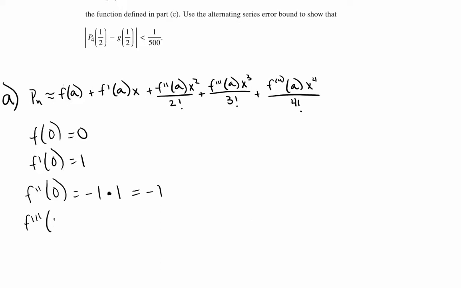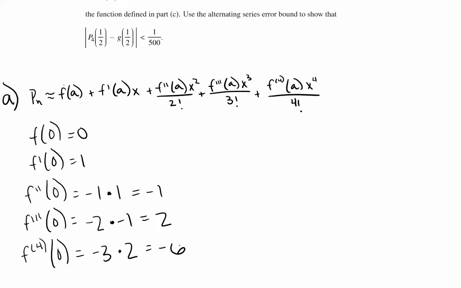F triple prime of 0 is going to be -2 times -1, which equals 2. And then f to the 4th of 0 is going to be -3 times 2, which equals -6.